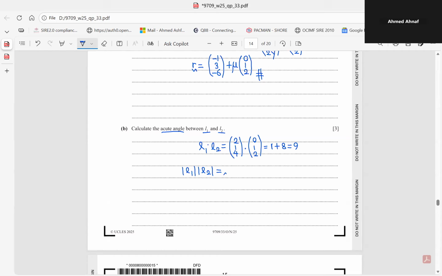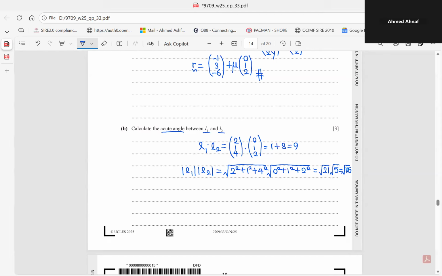So modulus of L1 is square root of 2 squared plus 1 squared plus 4 squared, times the modulus of L2, which is square root of 0 squared plus 1 squared plus 2 squared. So you get square root 21 times square root 5, and you would get square root 105.